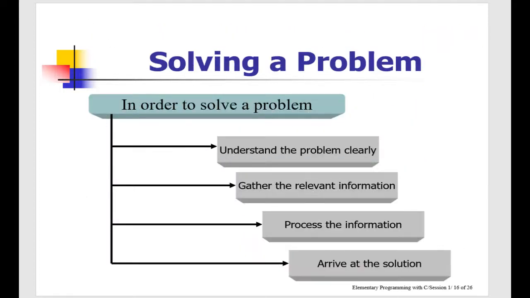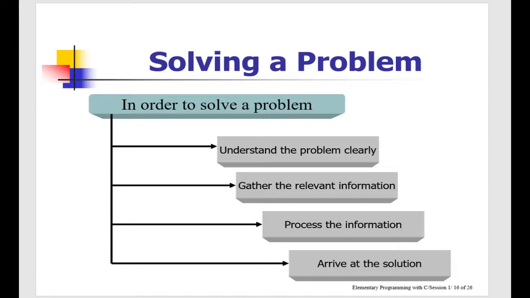How do we solve a problem? In order to solve the problem, we always start by understanding the problem clearly. And this is actually quite a big issue of contention between developers and the users of the system, or a software firm and the customer, if the requirements were not clearly laid out and understood.